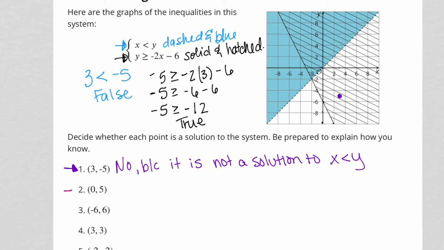All right, number 2, I'm going to do in pink. This time we're just going to look at the graph instead of plugging it in. So where is 0, 5? What axis?